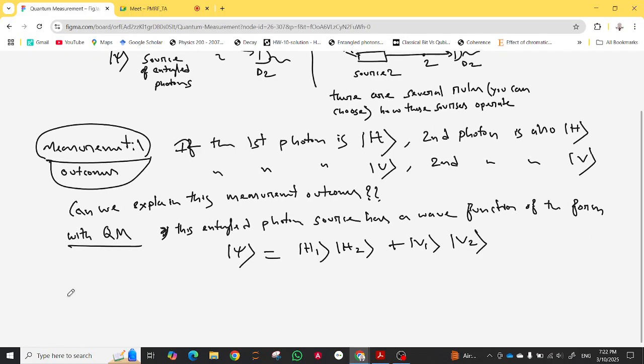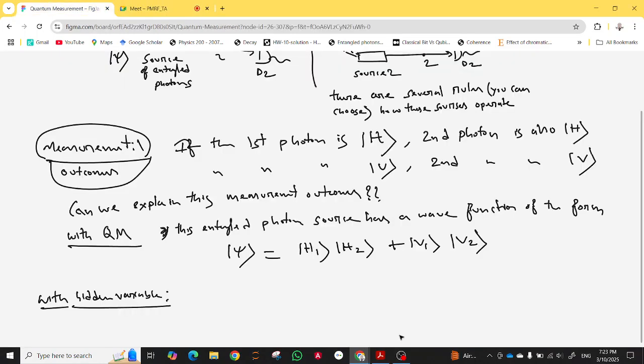Now with hidden variables, can we explain the outcomes? With hidden variables, you have to check whether you can explain it or not. So you have to fix the rules between the sources.